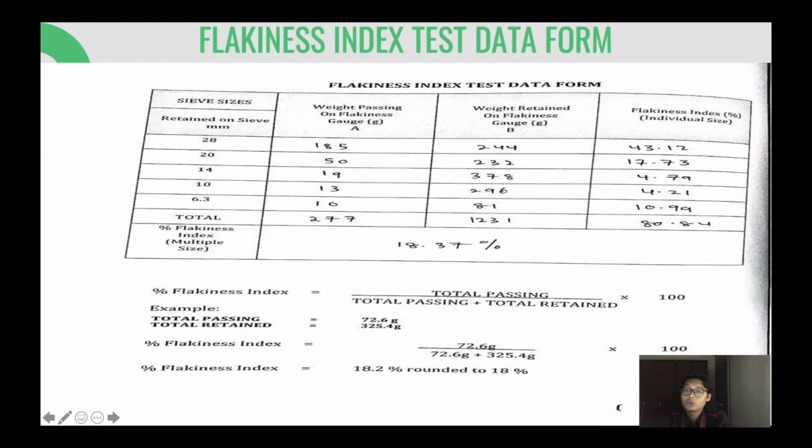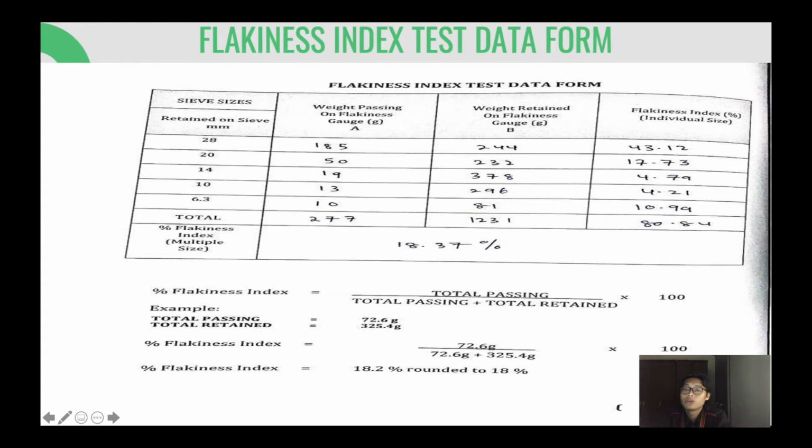Then to calculate flakiness index for multiple size, we use the same formula, but we take total in column A: 277 over 277 plus 1231 times 100, and we will get 18.37%.